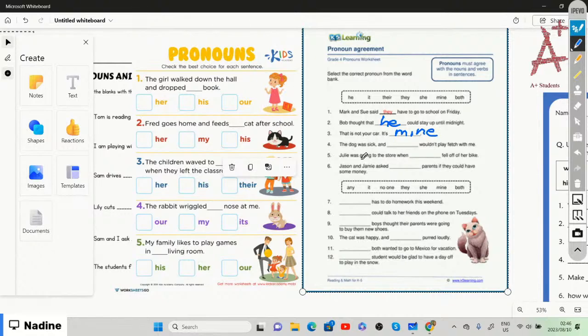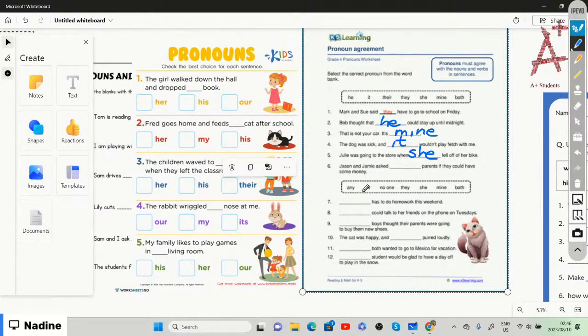The dog was sick and it wouldn't play fetch with me. Julie was going to the store when she fell off her bike, because Julie is a girl.